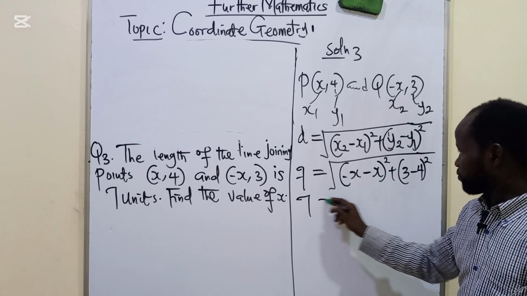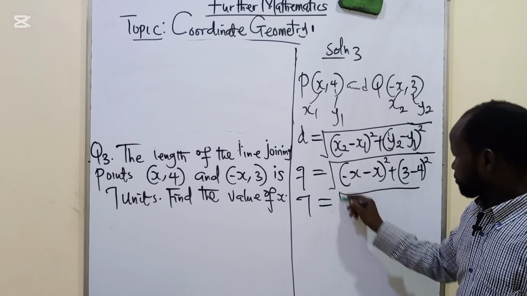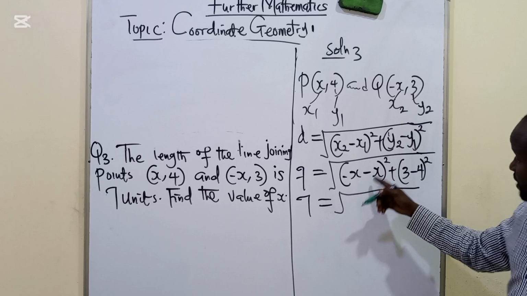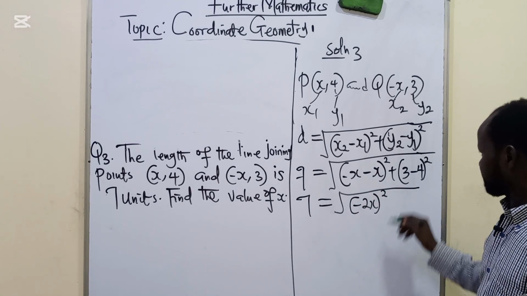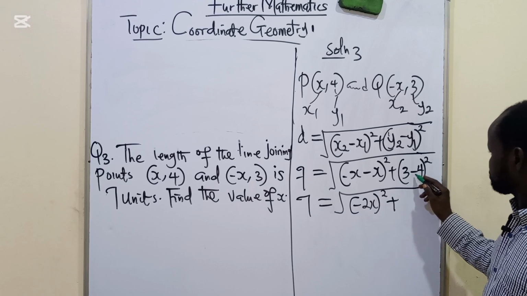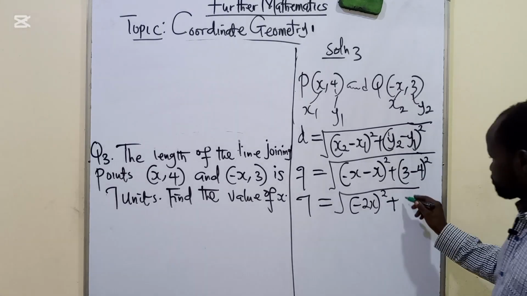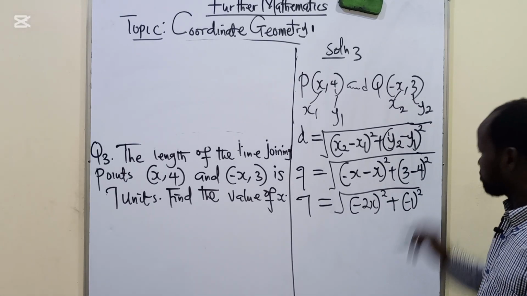This will be 7 equals the square root of minus 2x all squared, then plus 3 minus 4, of course, minus 1 all squared.